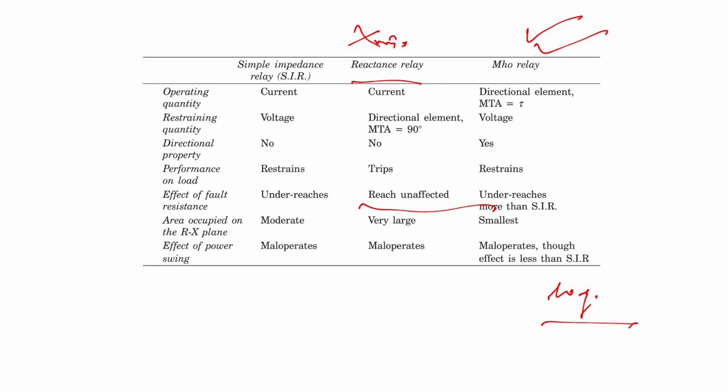So the Moore relay is used for the long line, and the reactance relay in conjunction with the Moore is used for the short lines.